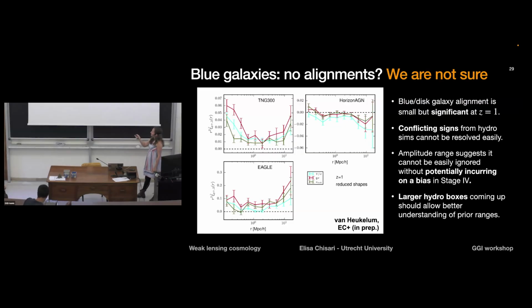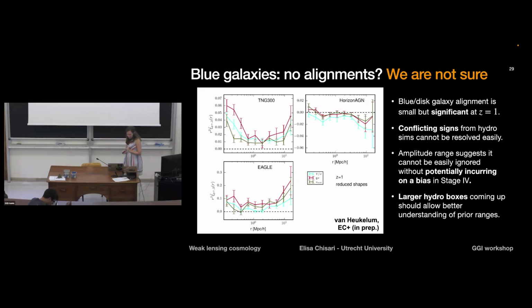Then anything can happen. In TNG and EAGLE, you get positive alignment signals, meaning that these galaxies are aligned pointing towards overdensities. And in Horizon-AGN, you get a negative signal, so they're aligned tangentially around overdensities. And this is all at redshift 1, which is well within the realm of stage 4 surveys.